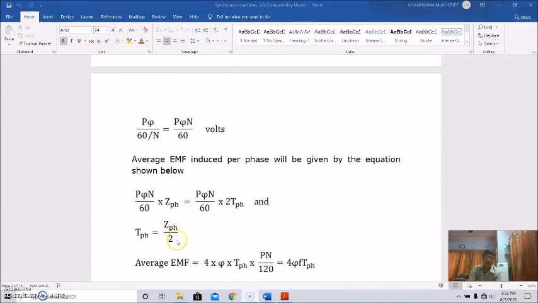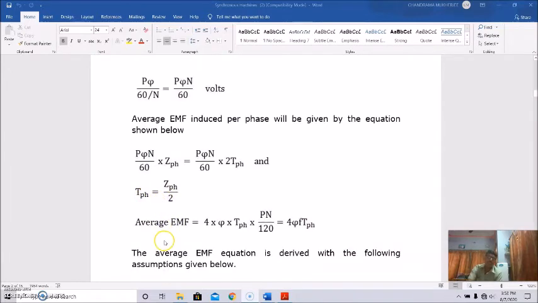So the average EMF will be 4 phi T phase P N by 120. This equation can be written as 4 phi T phase PN by 120, that is 4 phi F T phase.